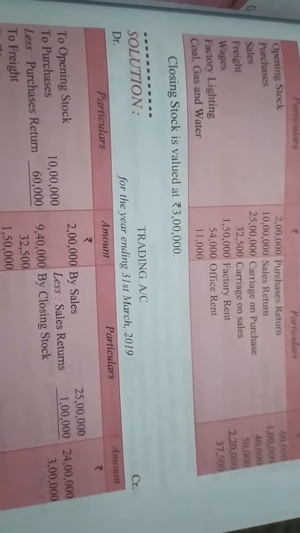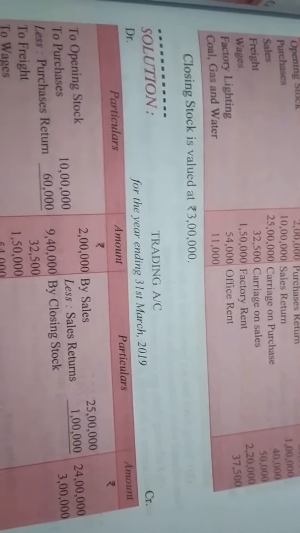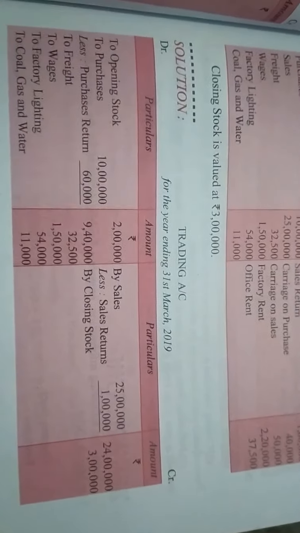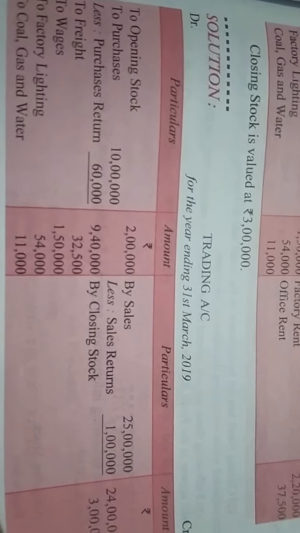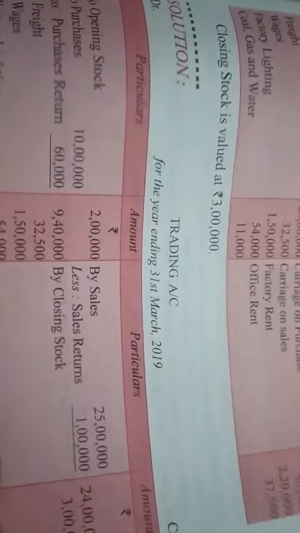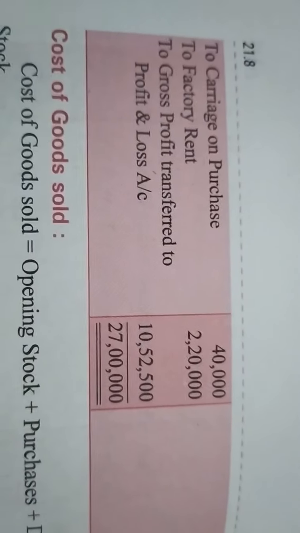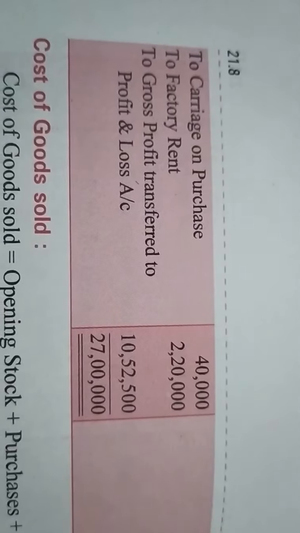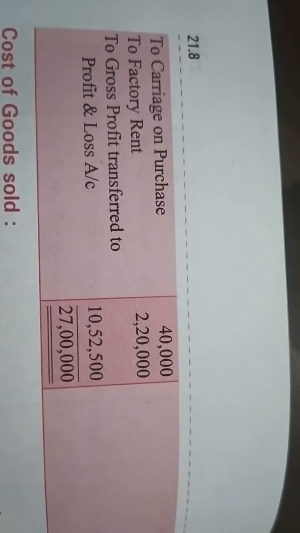We have excluded carriage on sales and office rent. These two are excluded from here. Some more portion of the solution is on the back. I am showing it. Just see. Carriage on purchase, factory rent. Carriage on sales will not be shown here. Factory rent will be shown here. Office rent will not be shown.